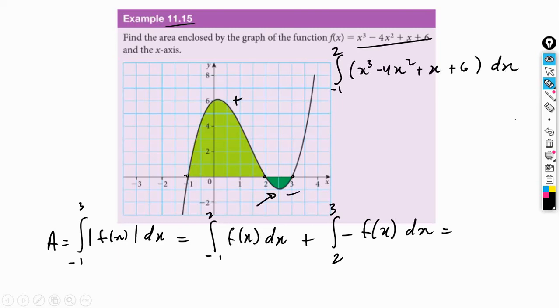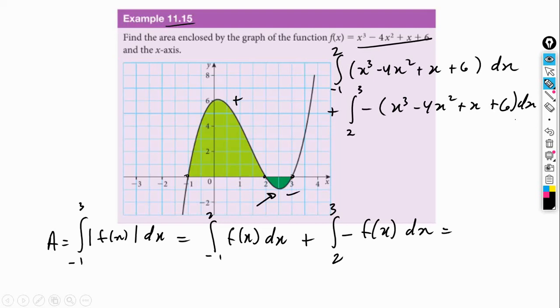But from 2 to 3, when we integrate, we will have to use a negative sign in front of the whole function, right? So x cubed minus 4x squared plus x plus 6. And then integrate this. So notice that all these signs here will change, right?